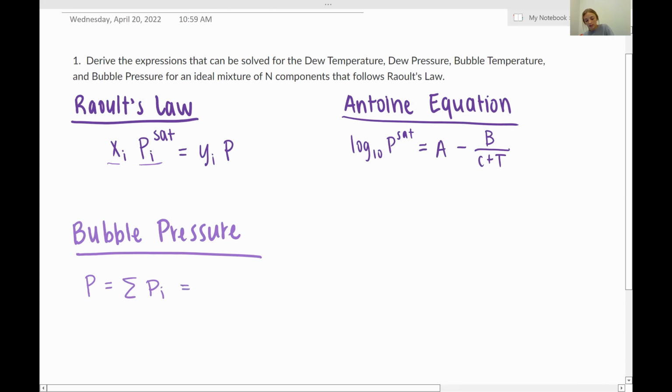So we can simplify with some substitution that the bubble pressure is going to be equal to the sum of our mole fraction component in the liquid phase, Xi, times our saturation pressure in the vapor phase. So that's going to be our bubble pressure equation. I'll just rewrite that down here. Simple enough.